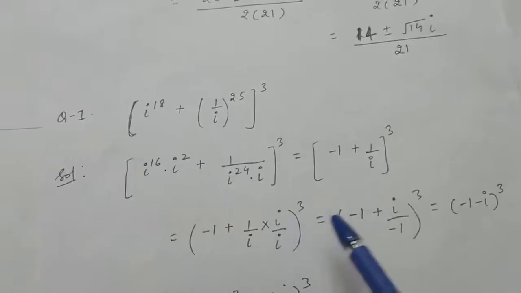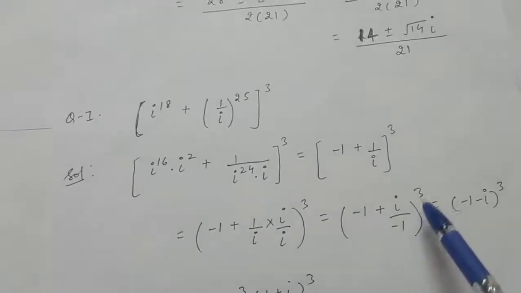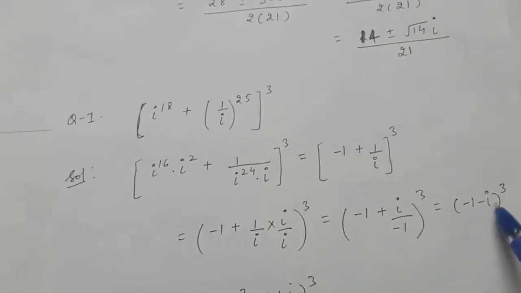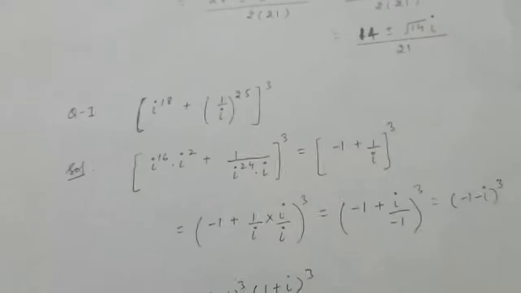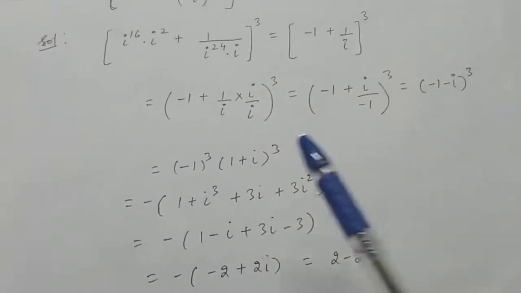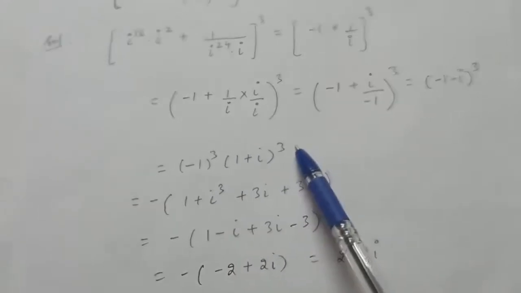Now see, this is iota, and iota square will be minus 1, whole cube, equal to minus 1 minus iota whole cube. Now take minus 1 common from both of these terms. So you will get minus 1 cube into (1 plus iota) whole cube.